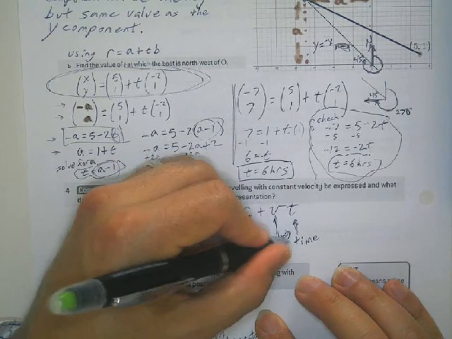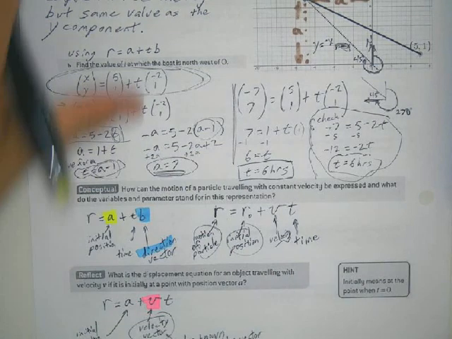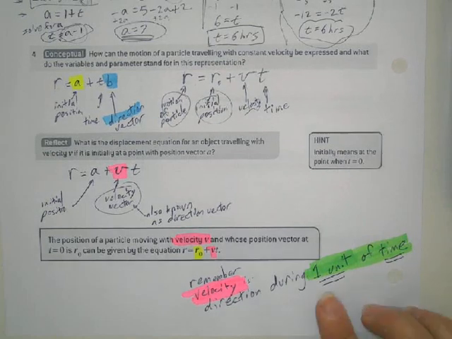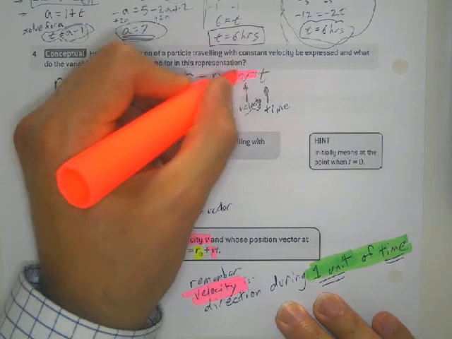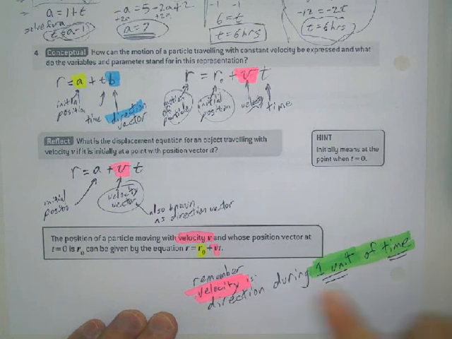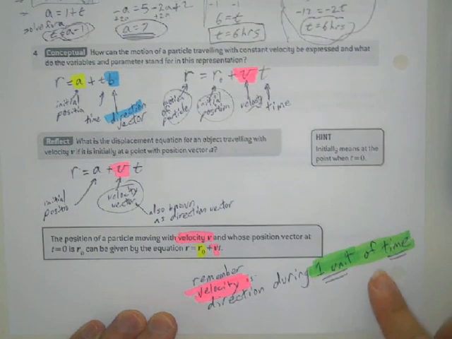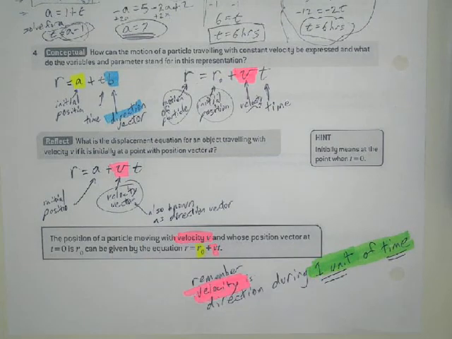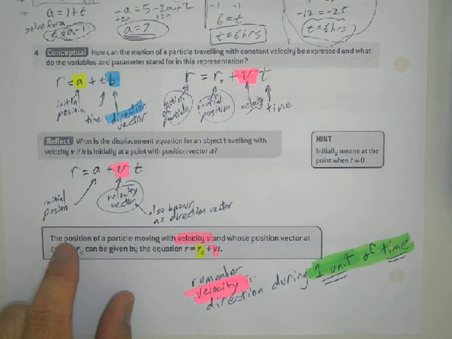Okay. And remember that velocity is a direction during 1 unit of time. This is going to come back in just a minute. Okay, so this is what we're going to be using. You might want to hit pause to copy this down. Okay, next.